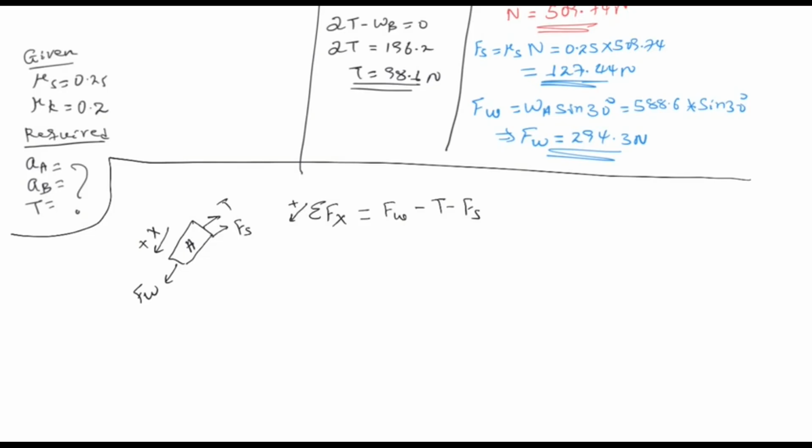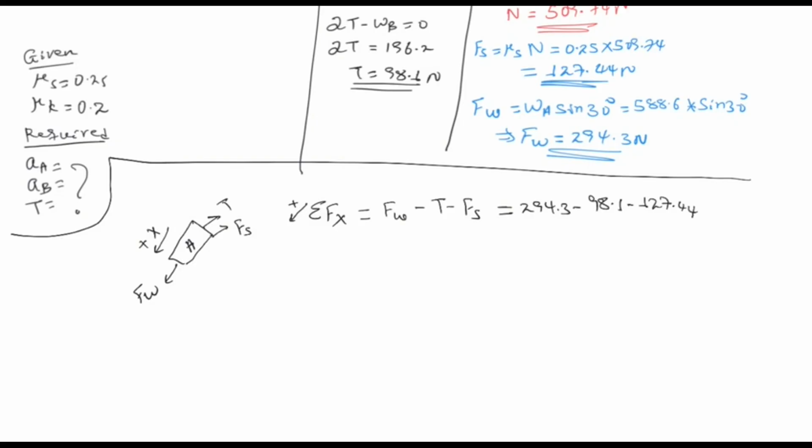Let's take this out. We know that Fw is 294.3, minus tension, which is 98.1, minus frictional force, which is 127.44.